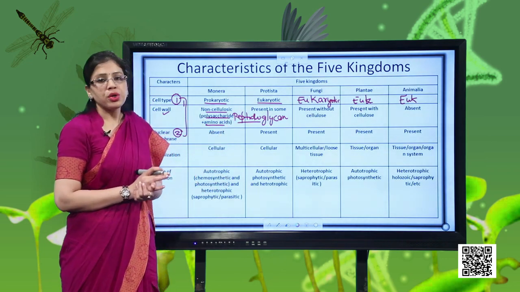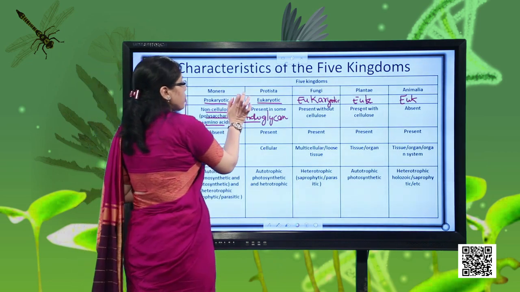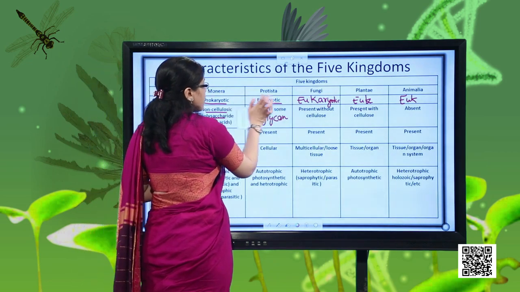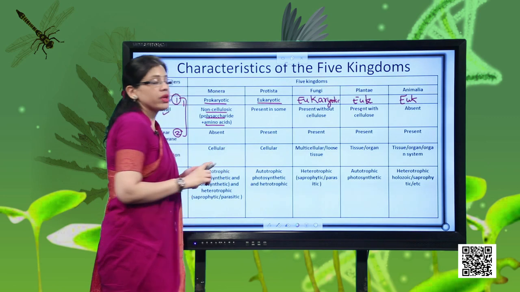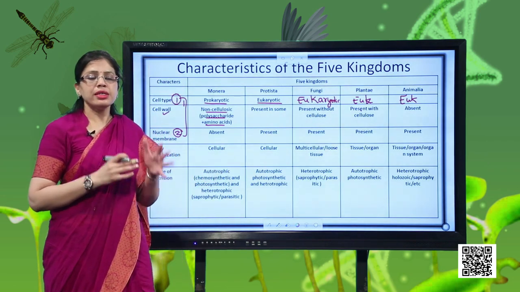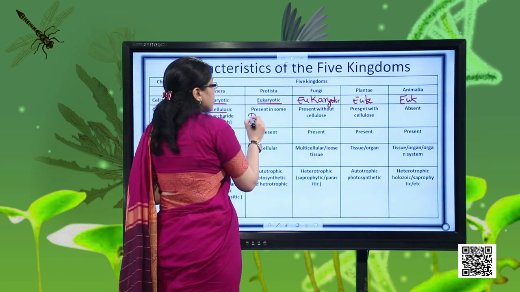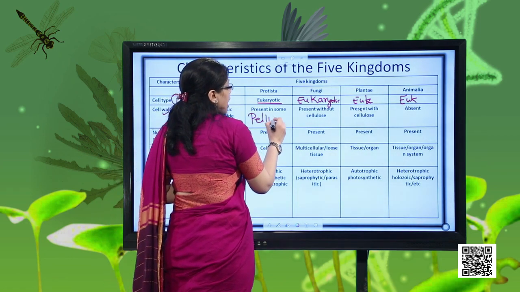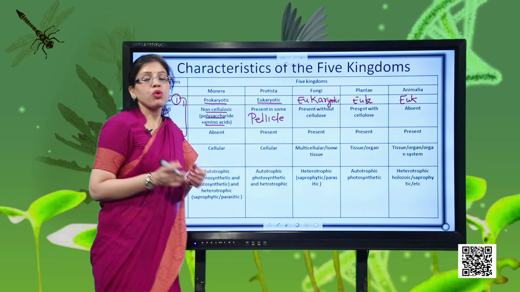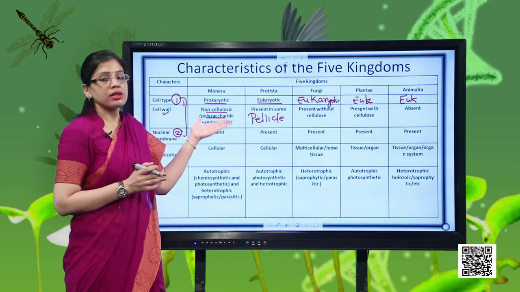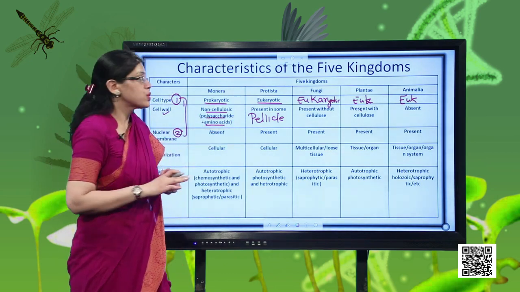Then when we are talking about Protista, not all Protista have a cell wall. Some of them are having a cell wall, but that cell wall is present in a slightly different form. Just some of the protists have a covering, and this covering is called pellicle, and this pellicle is actually made up of proteins. So we are finding that the covering is having a different composition.